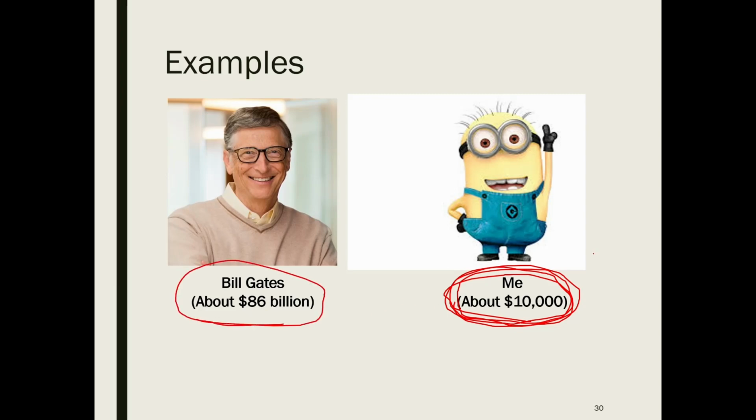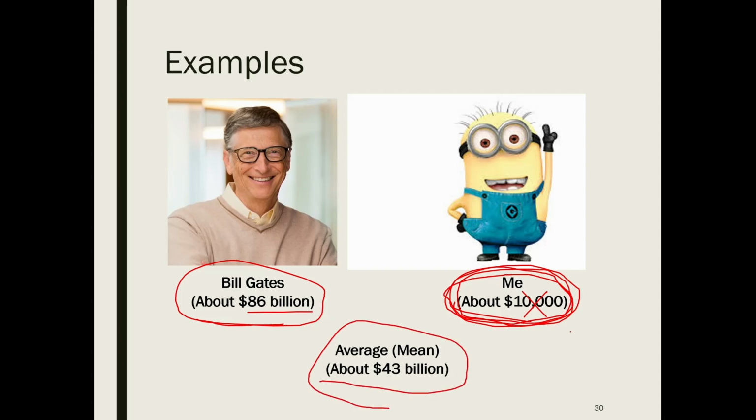So if we average me and Bill Gates, the 10,000 can be just, I don't need it. It's 86 billion divided by 2, which is about 43 billion. So if we take the mean of me and Bill Gates, oh, I'm going to be super rich, like 43 billion, right? So it's another example of how sensitive the mean is to the extreme value.